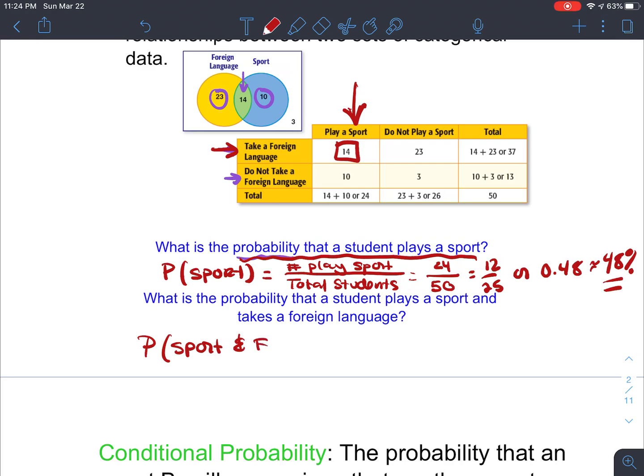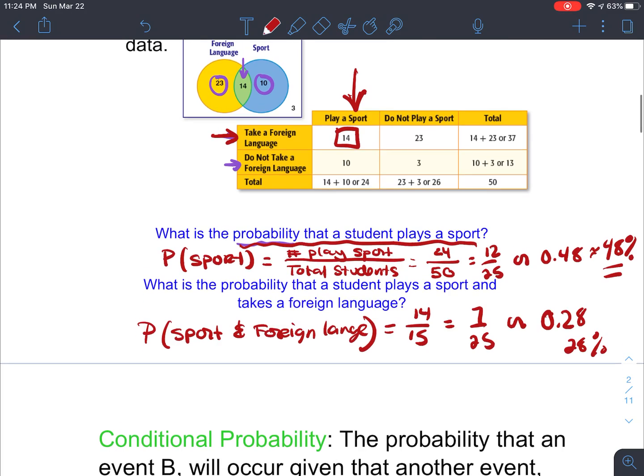So probability of sport and foreign language is 14 over 50 total students, which is equal to 7 over 25, or 0.28, 28%. Okay, so that's how you kind of calculate probabilities from this table.